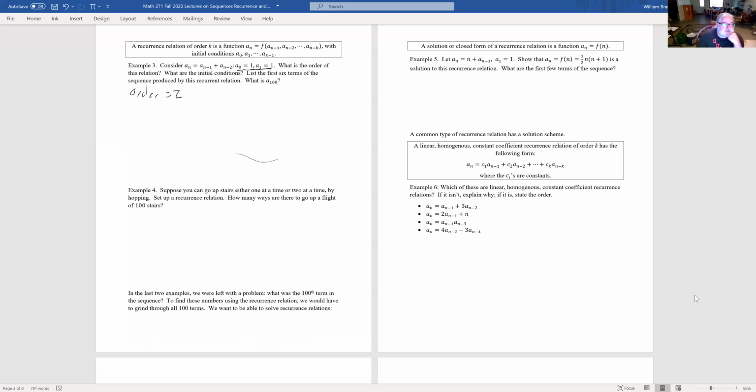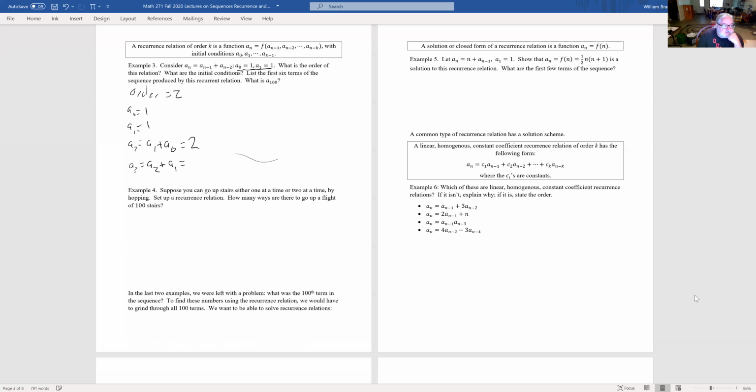What are the first 6 terms? Well, we know A0 equals 1 because they tell us that. We know A1 equals 1 because they tell us that. They don't tell us what A2 is, but we know that A2 is A1 plus A0, and that's 2. A3: 3 minus 1 is 2, so that's A2, plus 3 minus 2 is 1, so A1.